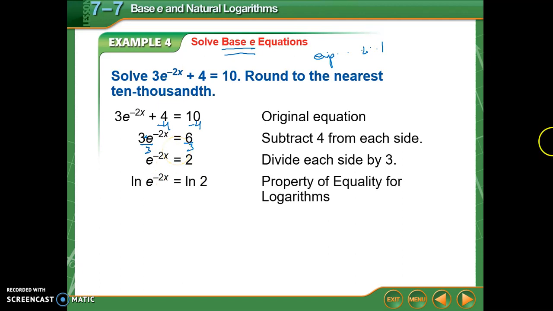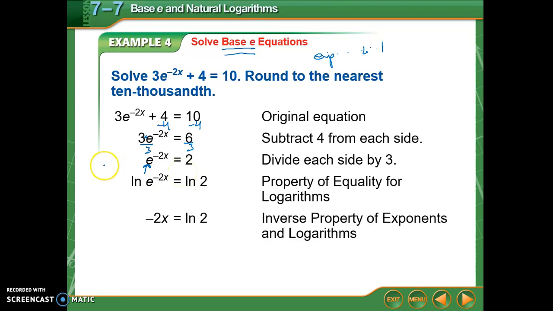And now we're going to use logarithms, because remember, when I have an exponent that has a variable, I need to use a logarithm to take it down. But anytime I have e as my base, I should use the natural logarithm of both sides. So since the natural logarithm is log base e, and e and ln undo each other, those are inverses, I'm just left with negative 2x is equal to the natural log of 2.